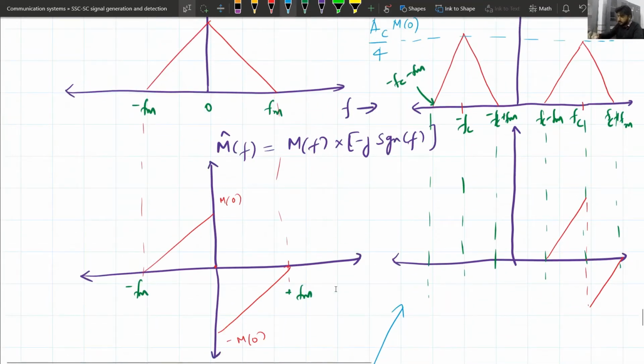Then we will graph an inverted version. Thus the inverted version.